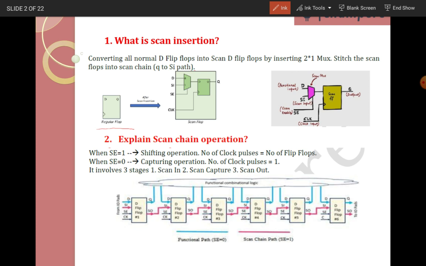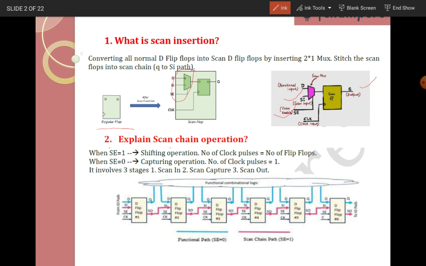Here we are inserting the mux, and by that we are converting normal flops into scan flops. We get extra connections: scan input, scan enable and scan out. These three extra pins we get after converting a normal flop into a scan flop.